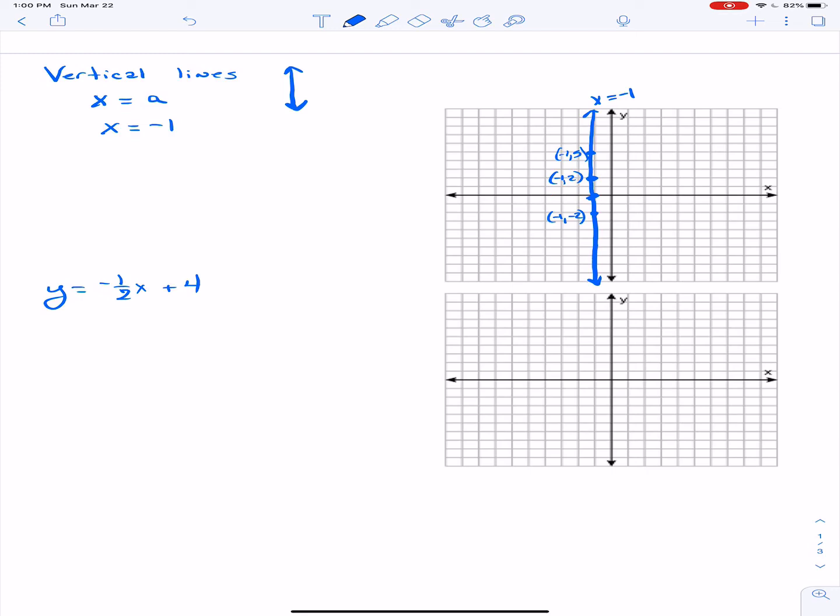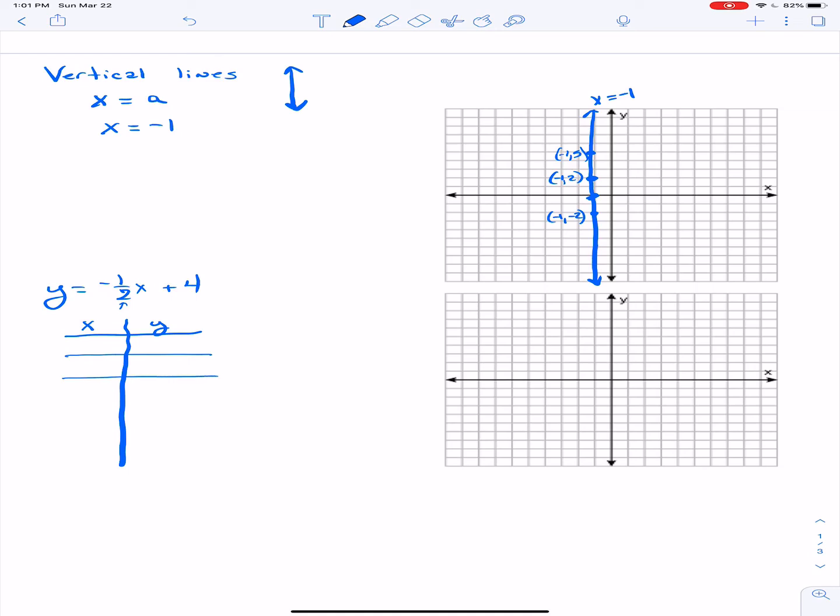Again, for the purpose of this video, we're going to go ahead and make a table, x and y. And what I do recommend to you is, because we're dealing with a fraction as our coefficient of x, I want to choose numbers that are multiples of 2. If I do that, my y's will always be whole numbers, and it'll be easier for you to graph.